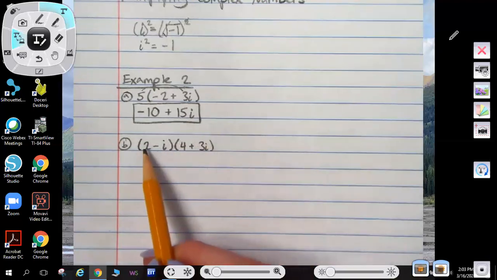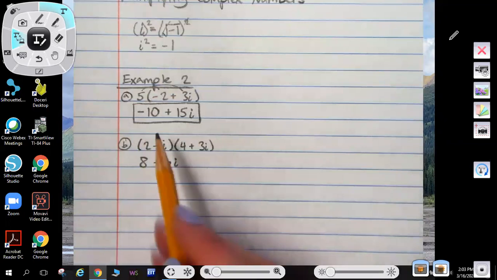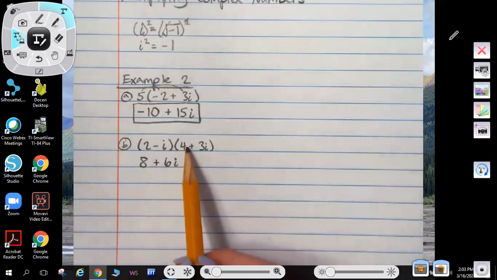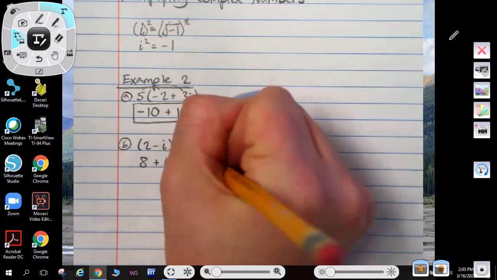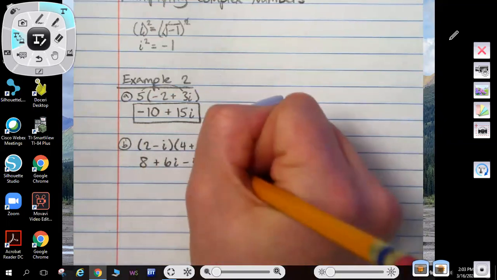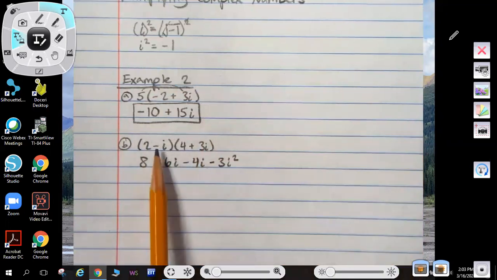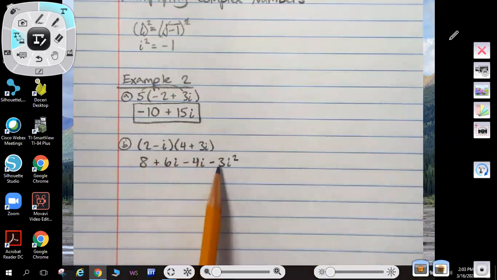All that means is you're multiplying the first terms together. 2 times 4 is 8. The outside terms, 2 times 3i is 6i. The inside terms, so negative i times 4 is negative 4i. And the last terms, negative i times 3i is negative 3i squared. So you're multiplying negative 1 times 3 to get negative 3, and i times i is i squared.